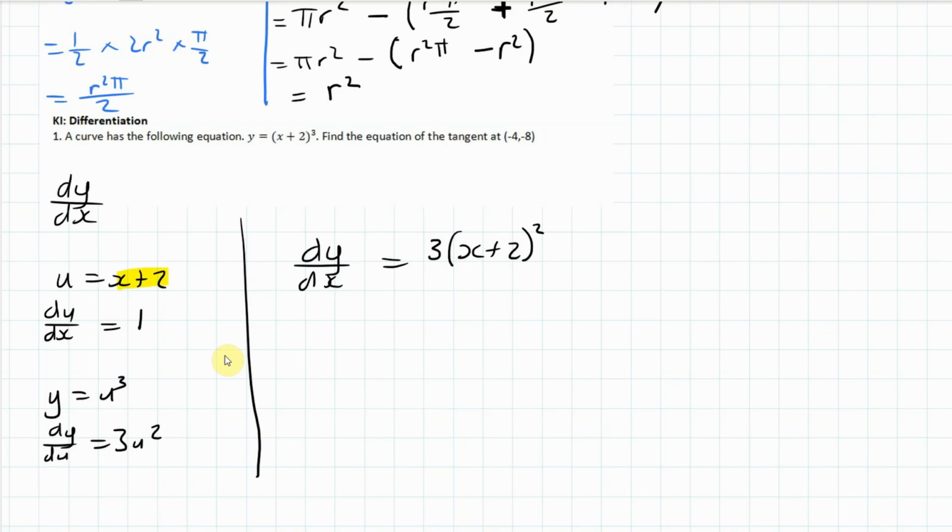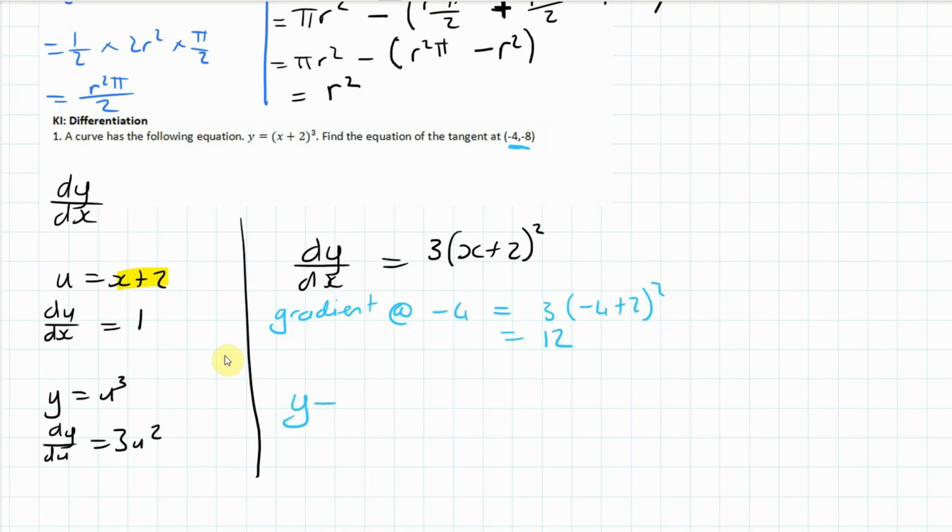Now, we need to find the equation of the tangent. Now, we need to find the gradient. So gradient at x equals -4 equals 3 into (-4 plus 2) all squared, equals, now -4 plus 2 is -2, square it, it becomes +4, so we get a gradient of 12.